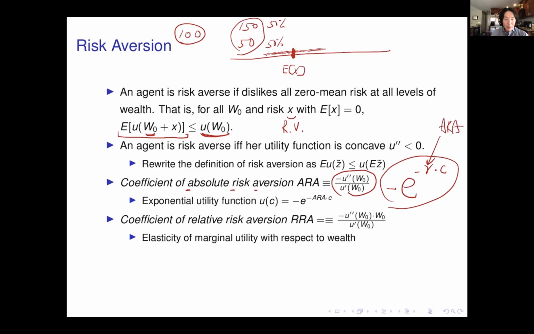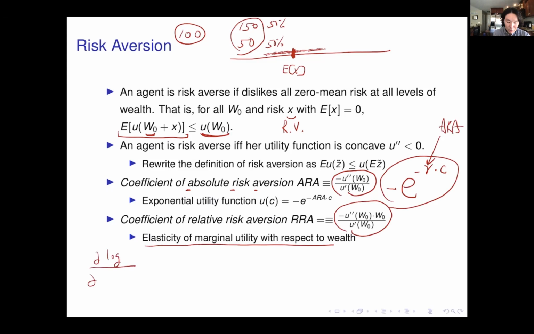Now, the relative risk aversion is defined in the following way. So why is it called the elasticity of marginal utility? What is elasticity? Elasticity is basically percentage change with respect to percentage change, right?